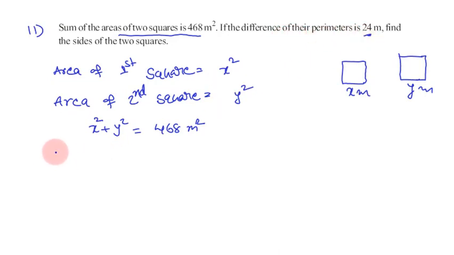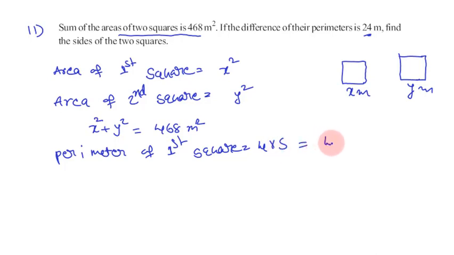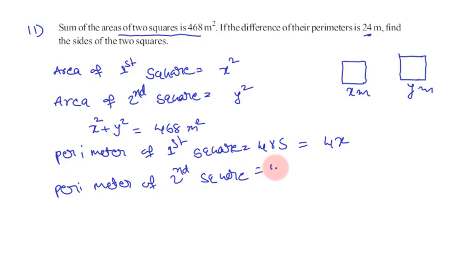So firstly let us take the perimeter of the first square. That is 4 into side, nothing but 4 into x. Now the perimeter of the second square is 4 into side again, that is 4y.